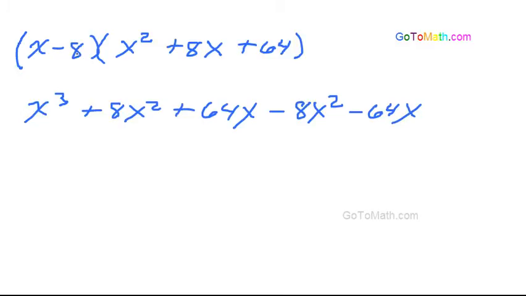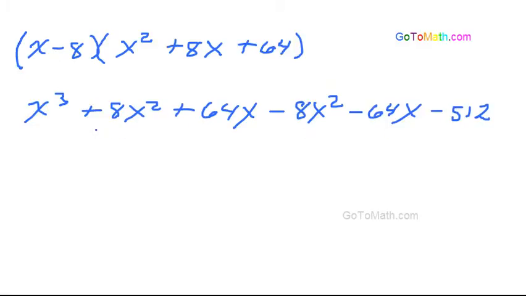And then of course we've got negative 8 times 64. And let's see, 8 times 64, so that's 24, 512, yeah. Alright, so that's going to be a minus and a positive, so that's going to be a minus 512.